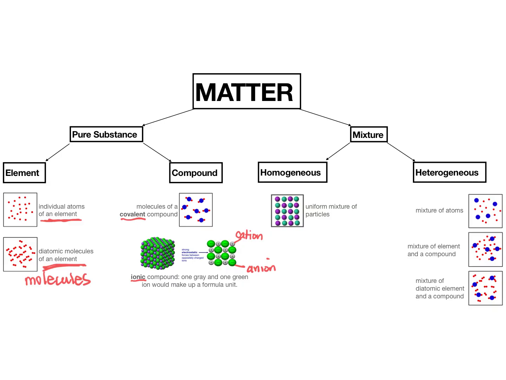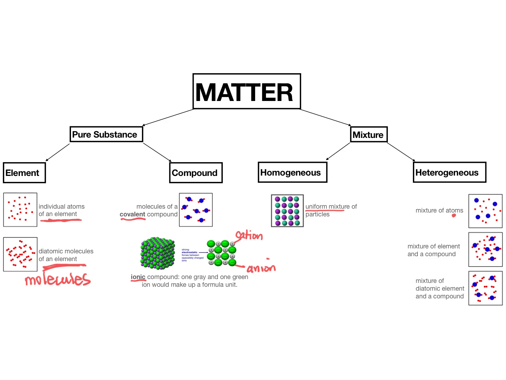In a mixture, a homogeneous mixture is just going to look the same throughout, a uniform mixture. And heterogeneous, these are all different samples. Here's a mixture of atoms. How can you tell? Well, atoms are the smallest unit, so one little sphere is going to be an atom.